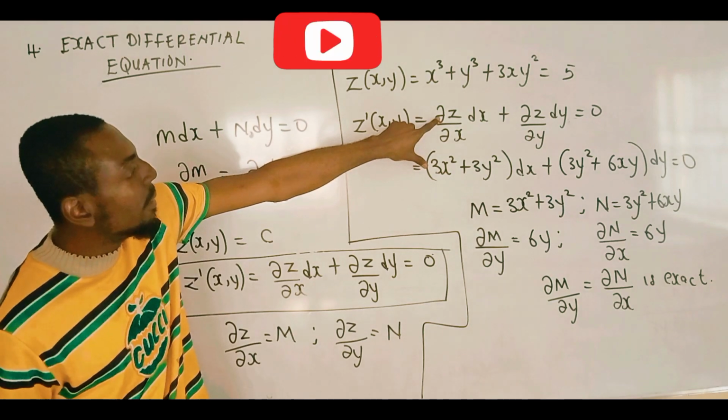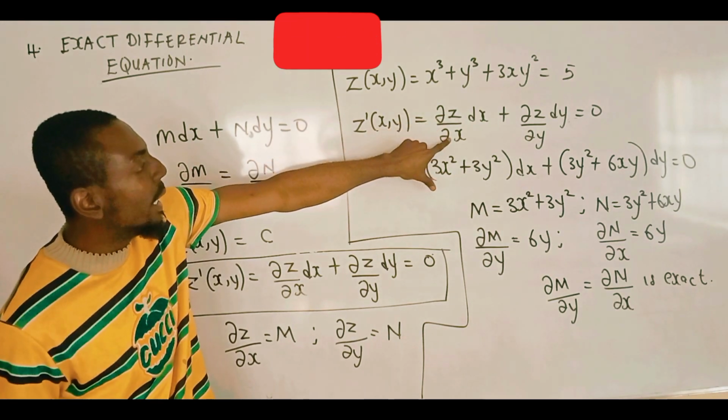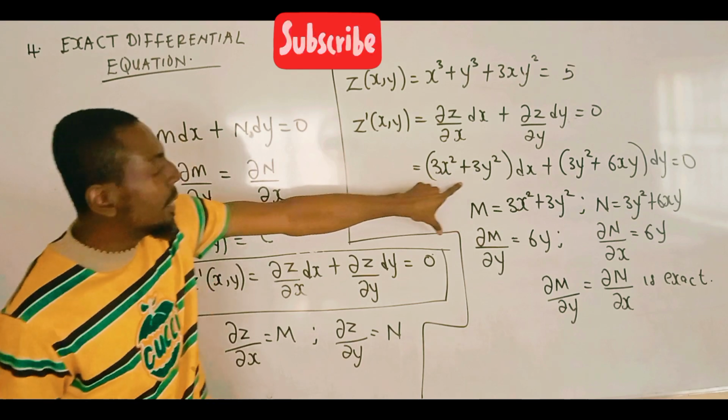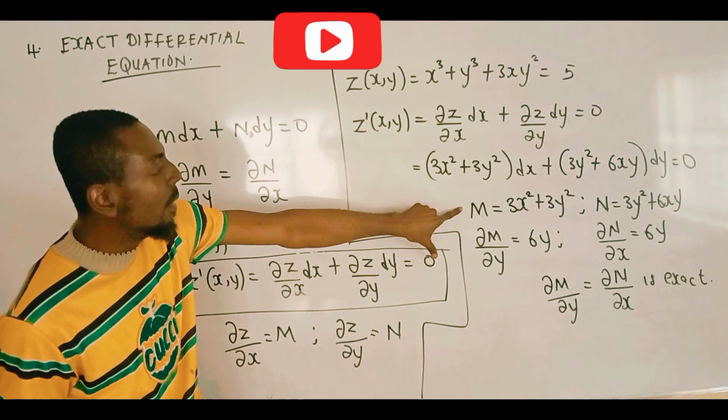So the next thing we're going to do is compare. Remember, partial differentiation of z with respect to x is equal to what? This value here, which is m. Alright?